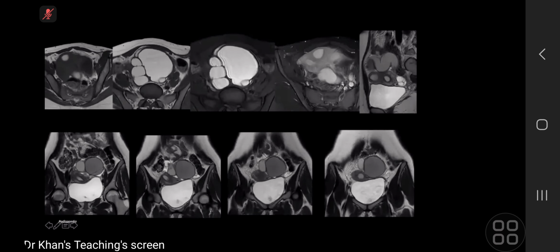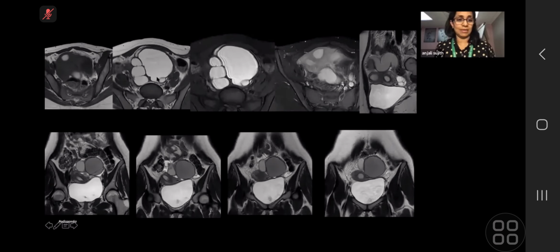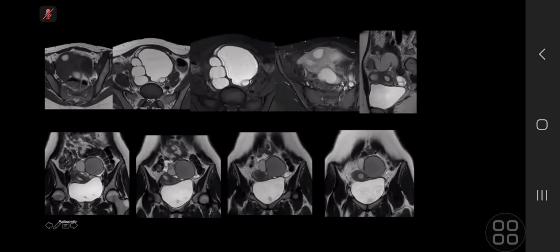On the top images, on the T1, there is a hypointense lesion with a central hyperintensity anteriorly. Then going on to the T1 again, it is bright, and it looks like a multi-septated lesion.